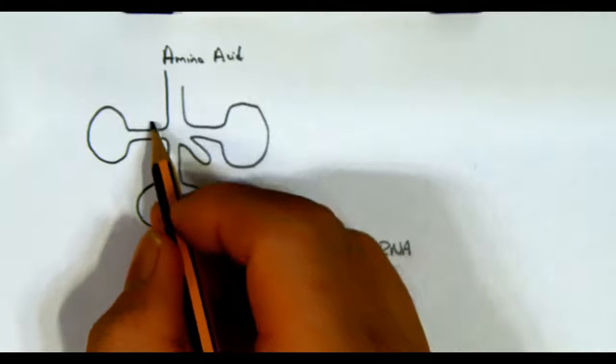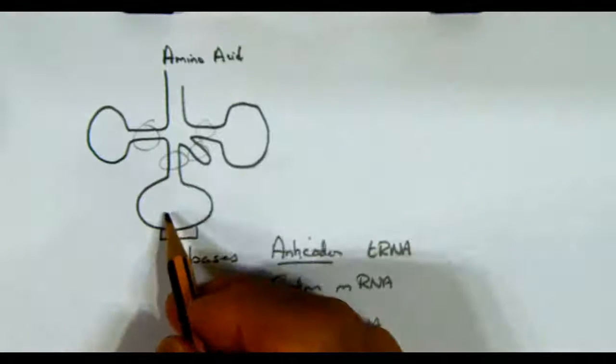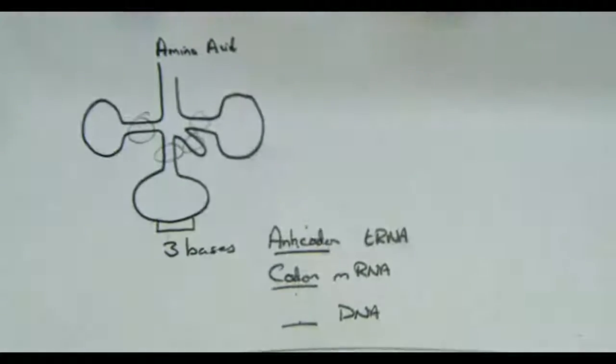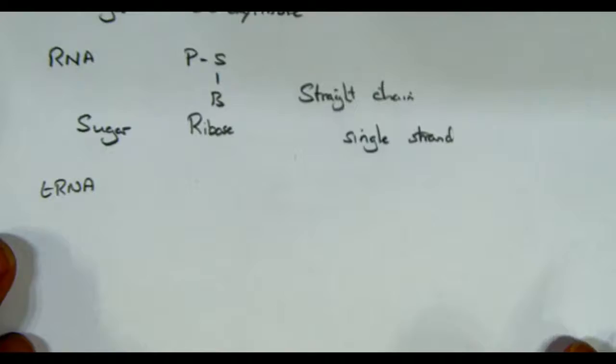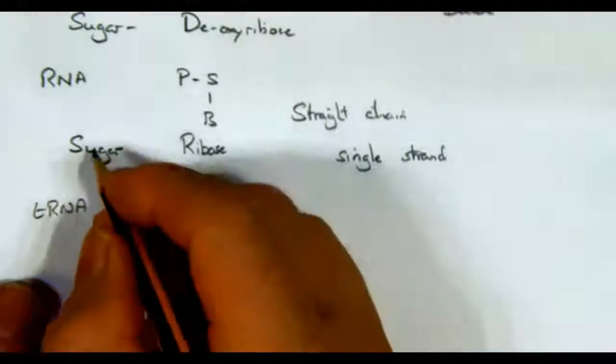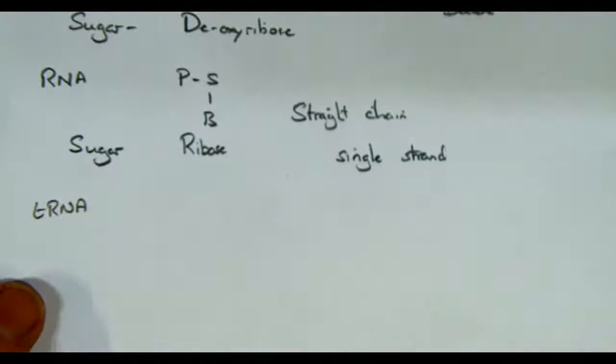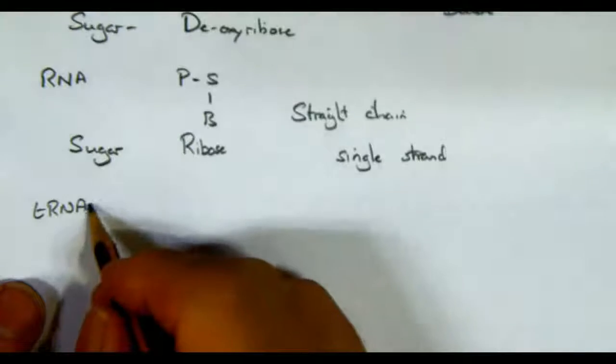However, it does have some double-stranded parts. So our tRNA is the same. We've got basically the same structure here, it's just some of it's allowed to be combined.